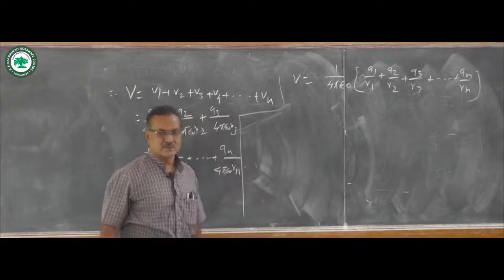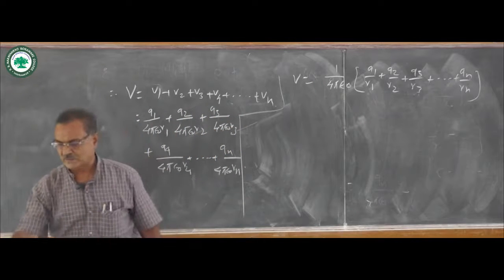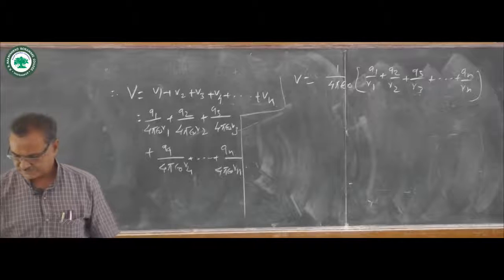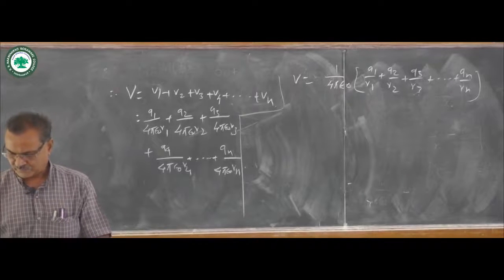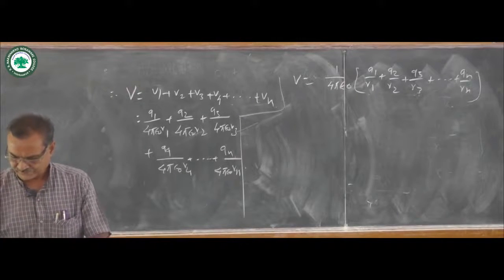Now the constant 1 upon 4 pi epsilon naught, where epsilon naught is the permittivity of vacuum or free space.